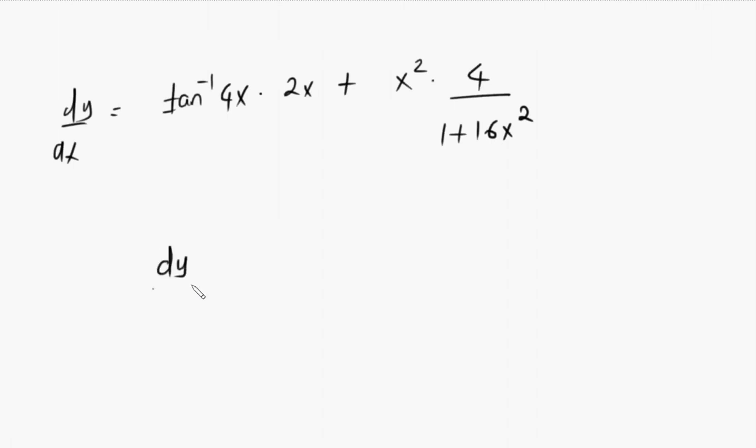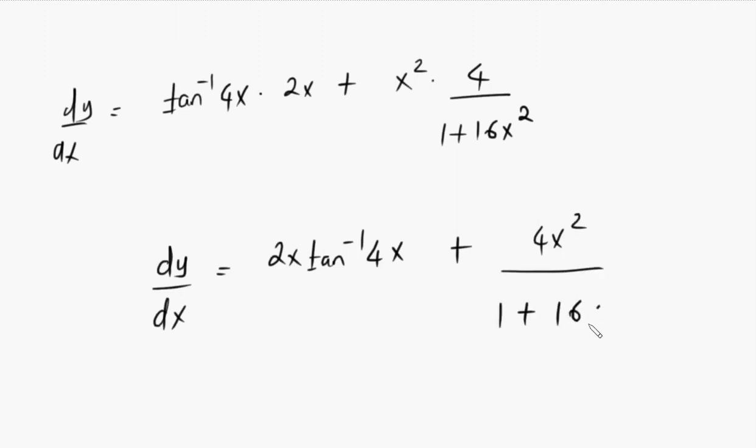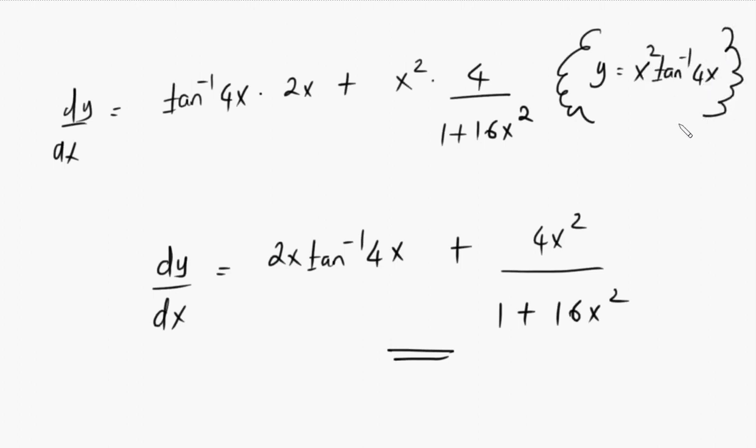I get that dy dx is going to be equal to 2x tan inverse 4x plus 4x squared over 1 plus 16x squared. Kwa hiyo ndo derivative ya lile swali letu lilikuwa nini? Swali letu lilikuwa y sasa ni x squared tan inverse 4x. Kwa hiyo jibu lake ndo hili hapa sasa.